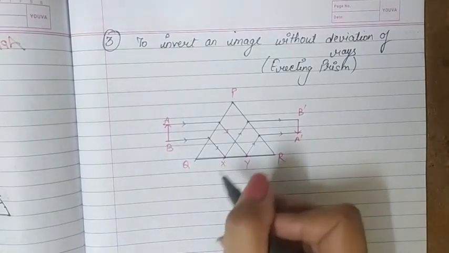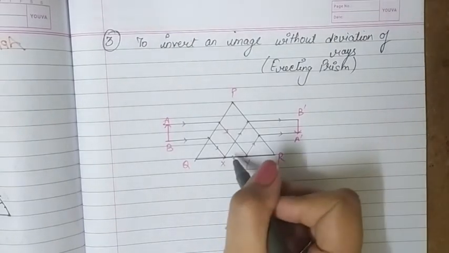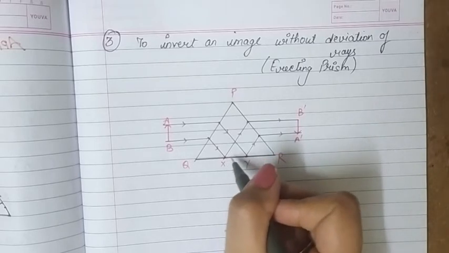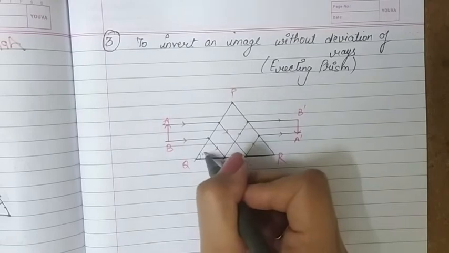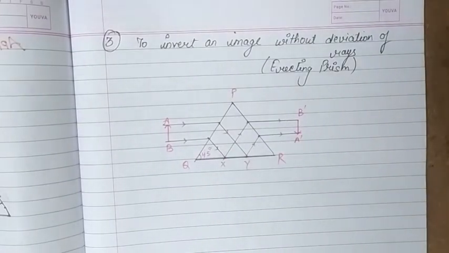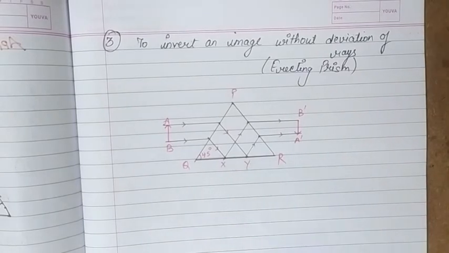So at points X and Y, they are giving us total internal reflection. The reason is that this angle is 45 degrees, and that's why the angle of incidence is more than the critical angle, and that's how it works.